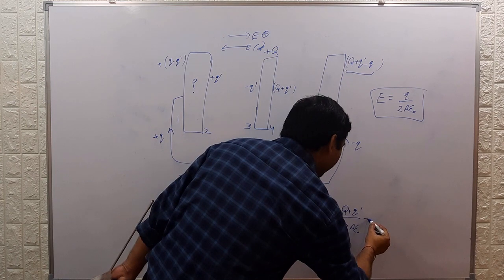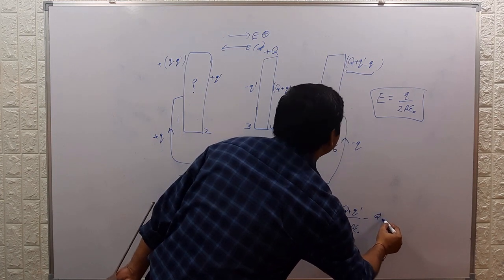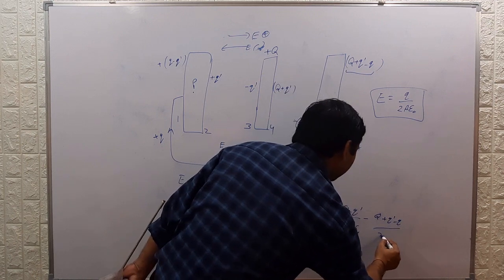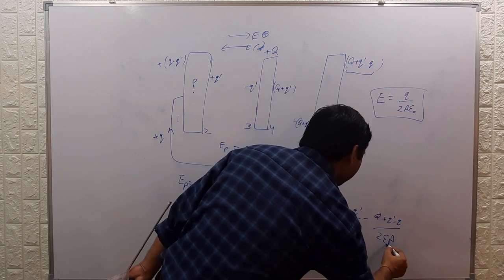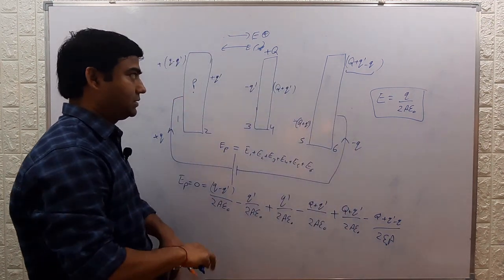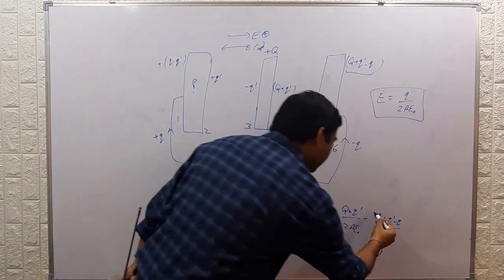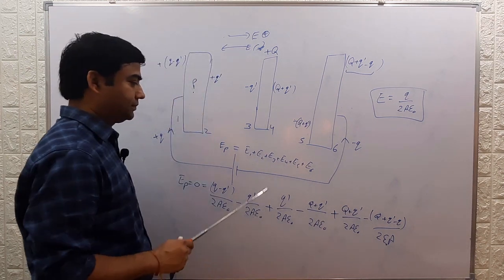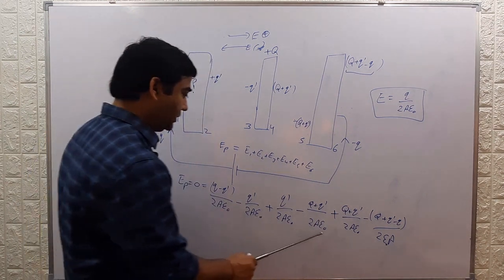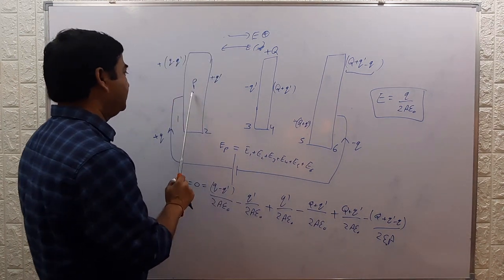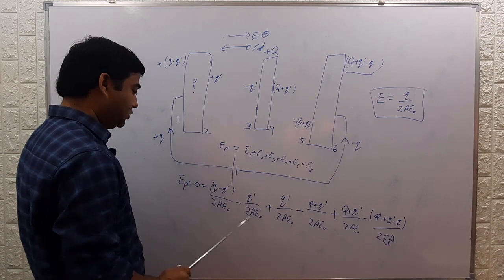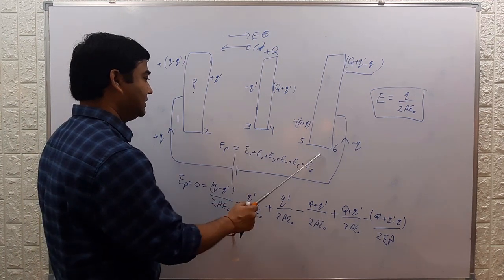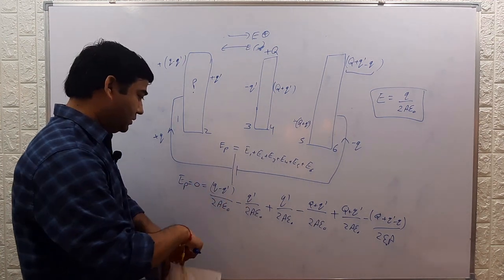So this is minus (Q plus Q dash minus Q) by 2A epsilon 0. This is E6. E1, E2, E3, E4, E5, E6 at point P are the individual electric fields created by each surface at point P.